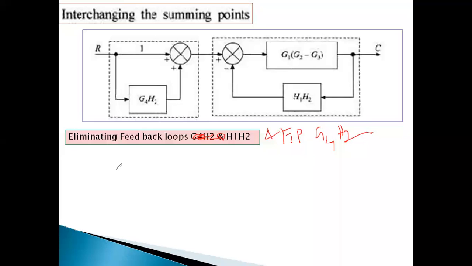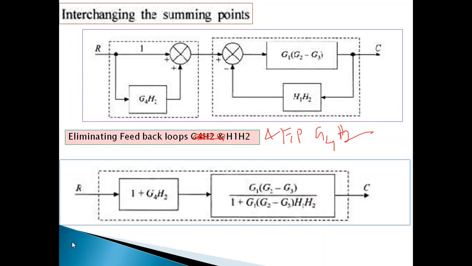So one is forward path, the other one is feedback. Note down that one, and you will get 1 plus G4H2. And here, if we apply the same formula G by 1 plus GH, you will get the entire block.